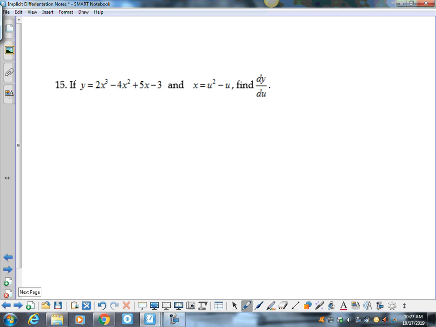Okay, so this one has different letters in it, so this is good. I want dy du. So I want to take the derivative of y with respect to u, which means I want u's in my answer. Okay, if I look at this, if I take the derivative of this, this is going to be dy dx because I'm taking the derivative of y with respect to x.